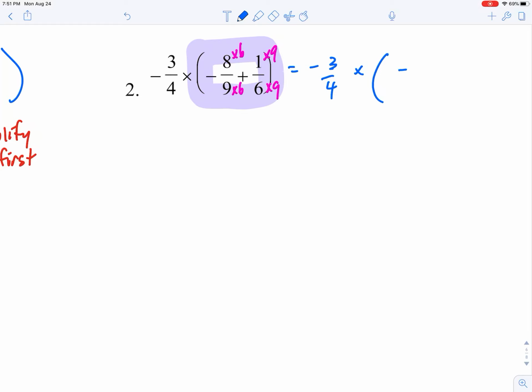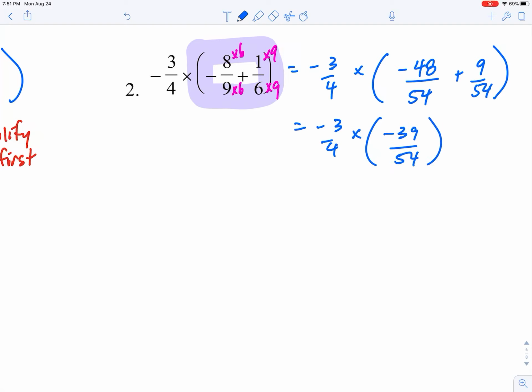So 8 times 6 is 48. So minus 48 over 54 plus 9 over 54. So the minus 3/4 stays out front. Minus 48 plus 9 gives me minus 39 over 54. And 54 is divisible by 3.